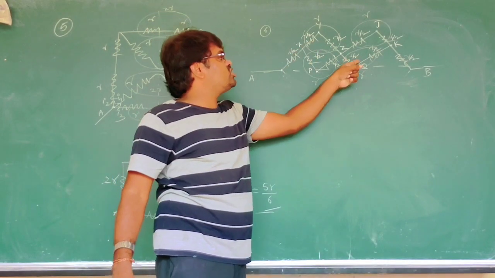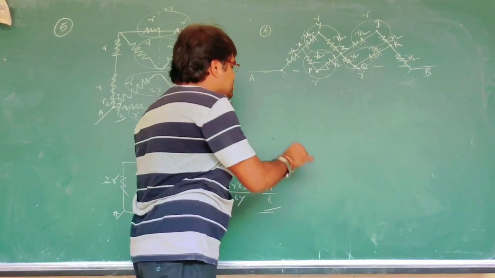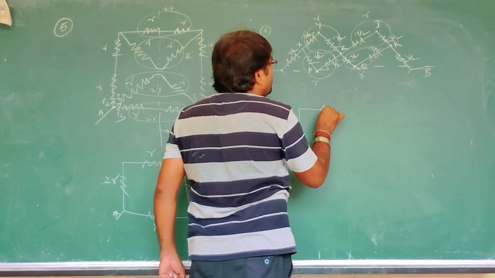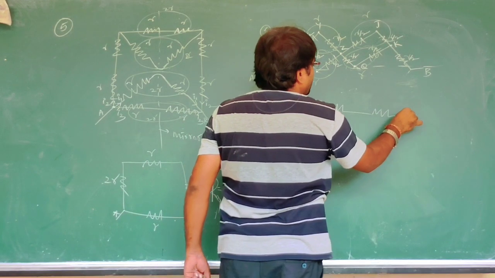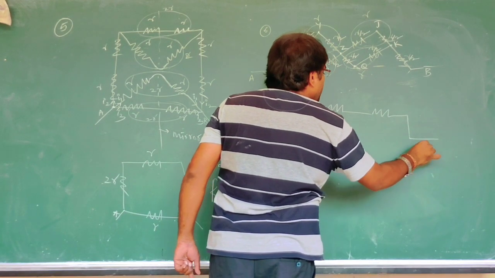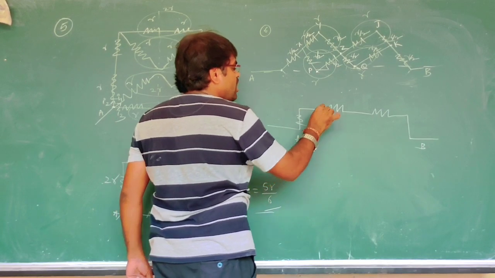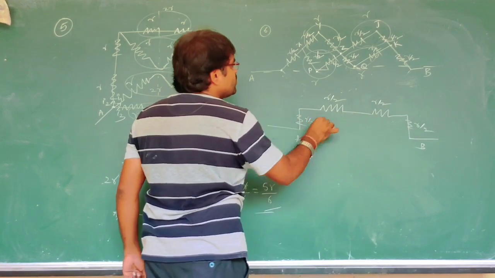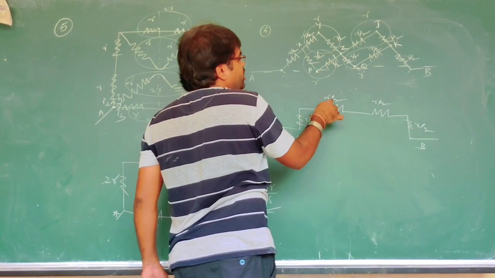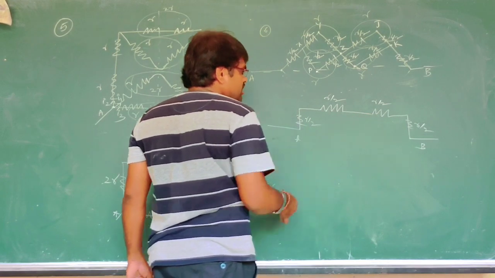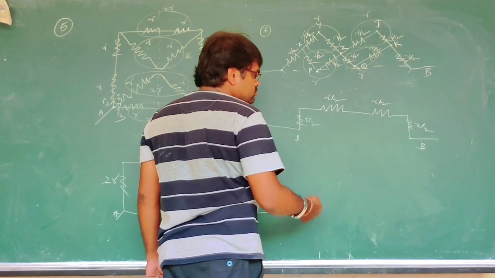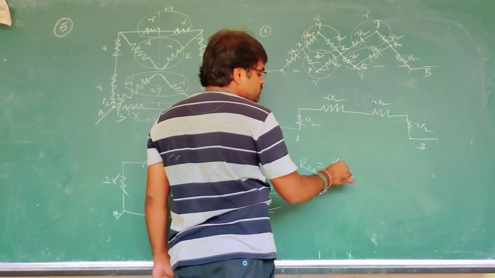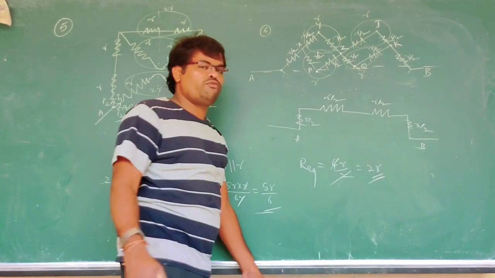These two are in parallel, these two are in parallel. Then the final: B, A. R by 2 here, R by 2 here, R by 2, because R parallel R is R by 2. Then 1, 2, 3, 4. Equivalent is 4R by 2, 2R. So very, very simple.